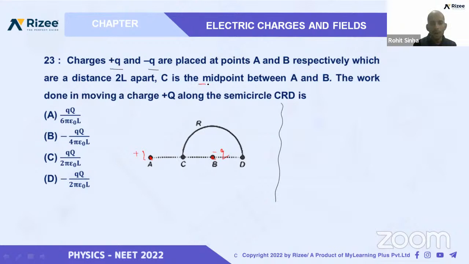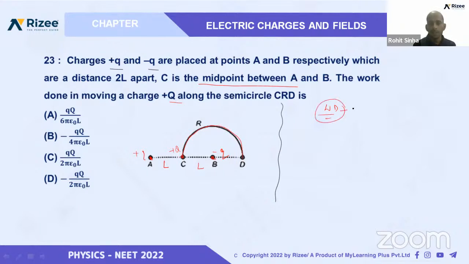C is the midpoint between A and B. What will be the work done in moving a charge plus Q along CRD, from here to here?